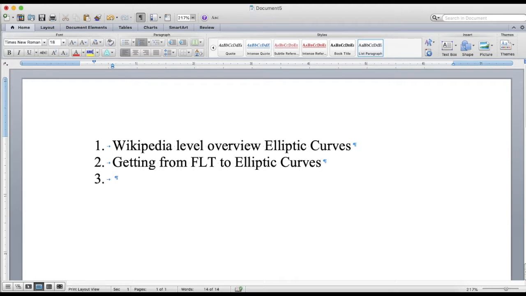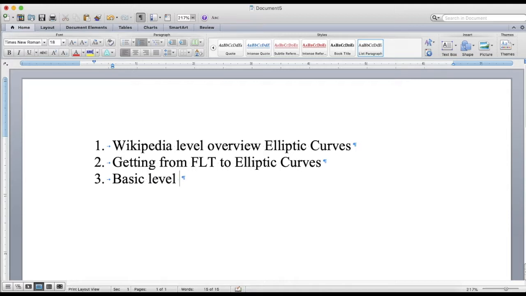Then the next one, I'm going to do my most basic understanding of what Wiles' proof is. That is, what's the connection between Taniyama-Shimura and Fermat's last theorem. How does the one prove the other?